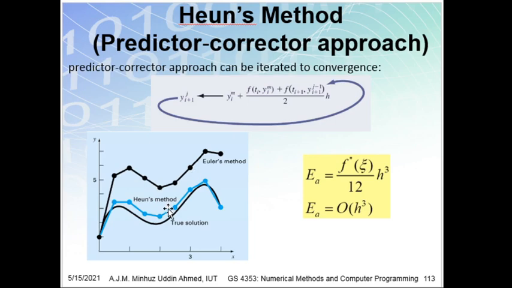So if you see here in this particular figure, this is the true solution. When we applied the Euler method, this was the predicted solution. But when we have used Heun's method, the predictor-corrector approach, you see the solution. The assumption is very close to the true solution.